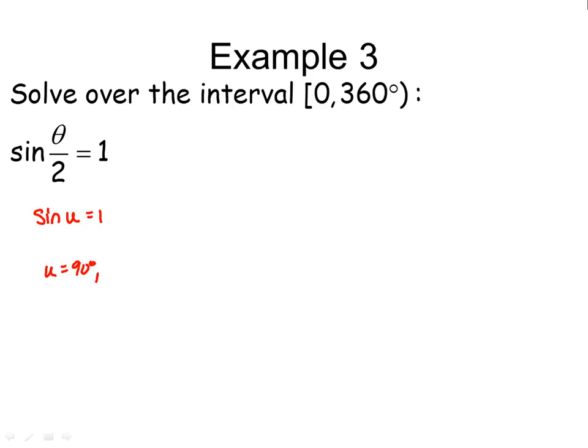That's it. Okay. So, instead of saying u is equal to 90 degrees, we need to say that theta over 2 is equal to 90 degrees plus, instead of 2 pi, because we're not in radians anymore, what's the degree equivalent to 2 pi? 360 k.